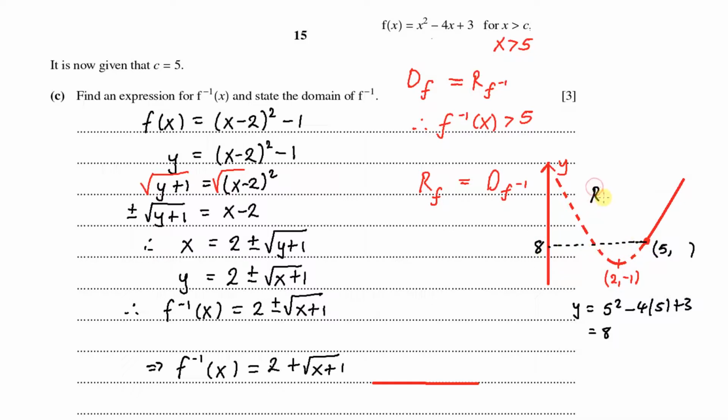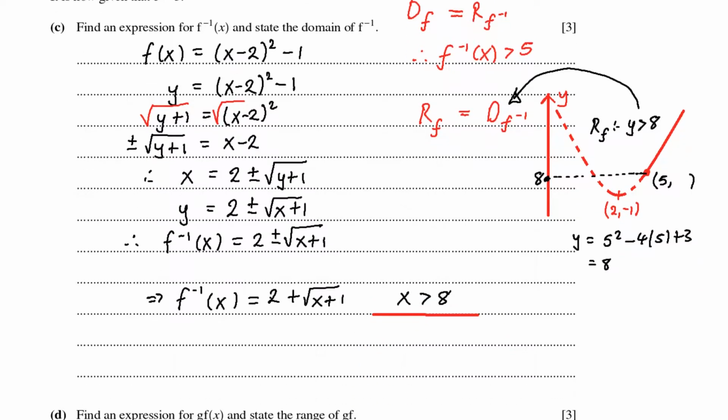So the range of the function is therefore y is greater than 8. This range of the function is comparable to the domain of the inverse. So if the range of the function is y is greater than 8, then the domain of the inverse should come out in terms of x as x is also greater than 8. And this now is the inverse and the domain of the inverse. And that's how we do it.